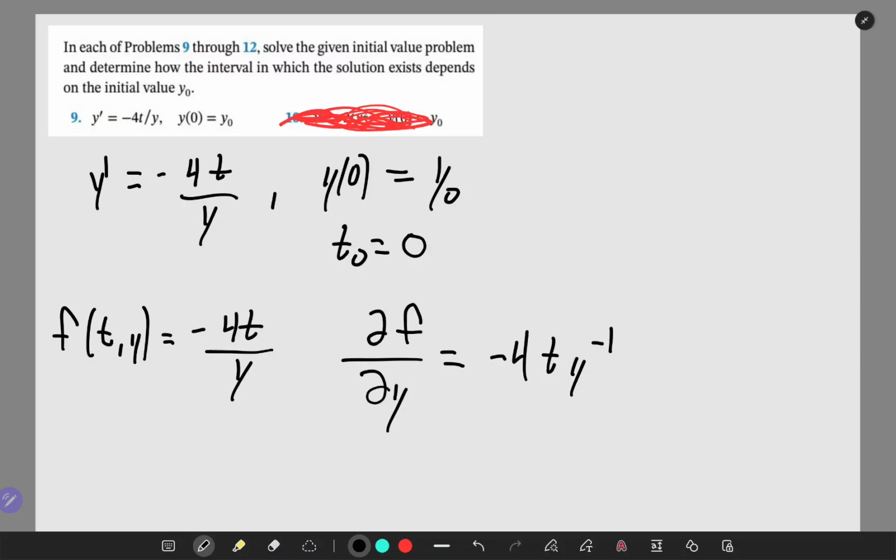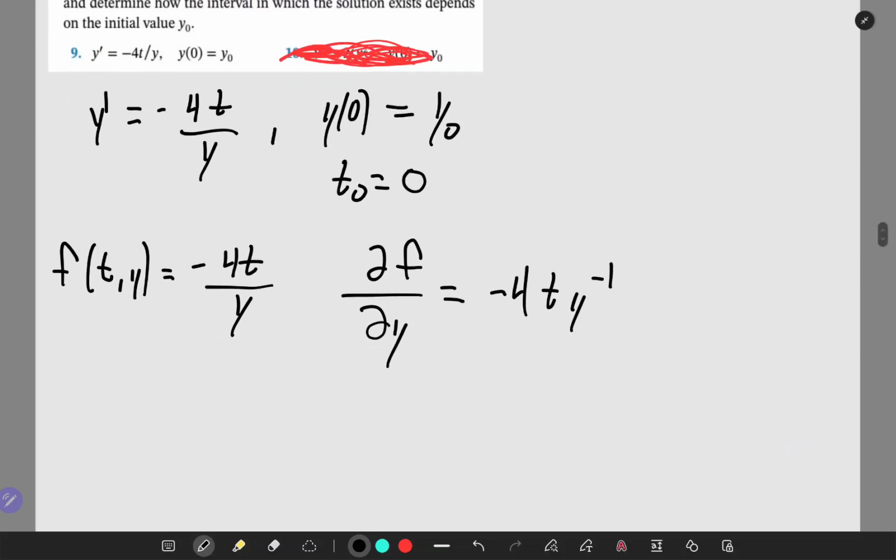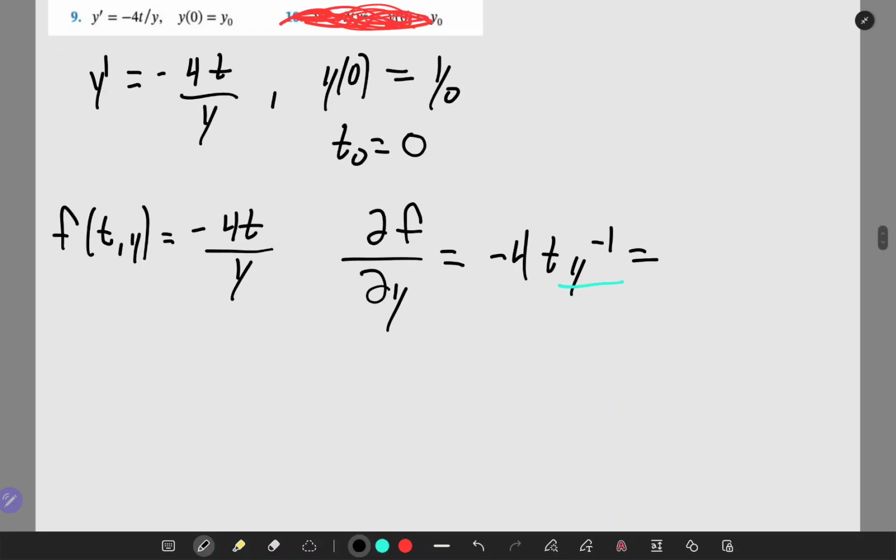You see how I did that? Because you only take it with respect to y. So you're going to treat the negative 4t as a constant, pull it out, you're left with the derivative of 1 over y, which can be rewritten as this. So when we take the derivative of this, we're only going to look at this part here, which is just pull out the negative 1, we're left with 4t times y to the negative 2, right? So now that's the partial derivative.